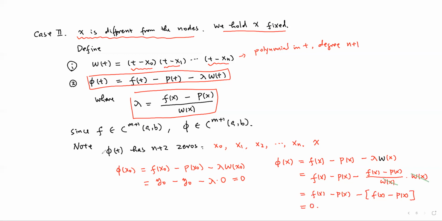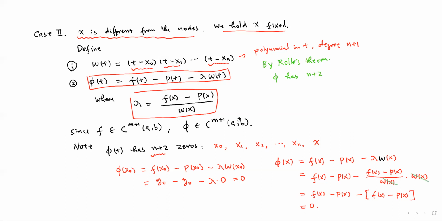So this function phi has n plus 2 different, distinct zeros. Okay, now use Rolle's theorem. By Rolle's theorem, phi has n plus 2 distinct zeros. Let me emphasize this.